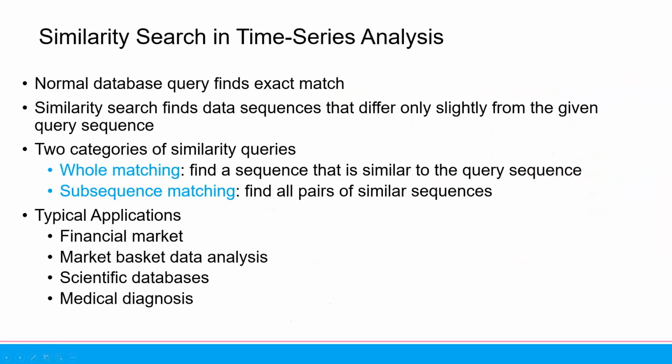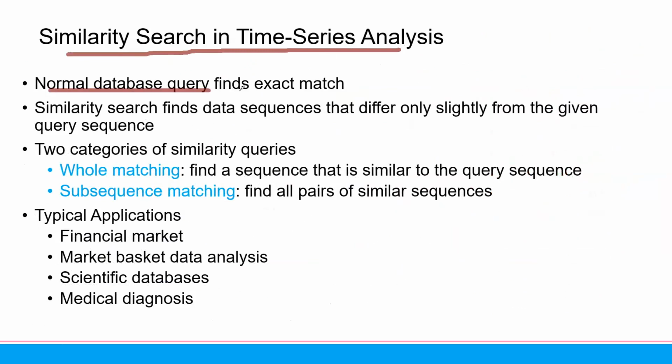Whenever we do the time series analysis, we can also use the similarity. You know about the Euclidean distance. You know about the Manhattan distance. So those are the similarity measures. So now we are going to learn the similarity search in the time series analysis.